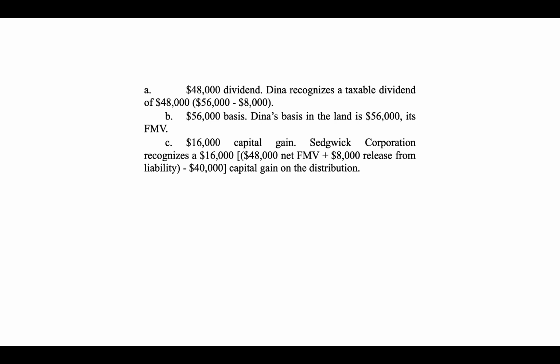So the asset's worth $56,000, but it's subject to a liability. So we reduce the fair market value by the liability. So we gave away that, and then we also got a release from the liability. So that's also an amount realized. And then we subtract the adjusted basis of $40,000 to get a $16,000 capital gain on the distribution.